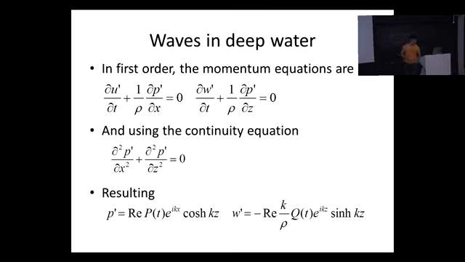Then it's just a straightforward calculation, and we get to this P prime. And from there, it's also quite easy to get the expression for W prime. The time dependence of this formula is given by Q(t). So the aim is to get the expression for this Q(t).